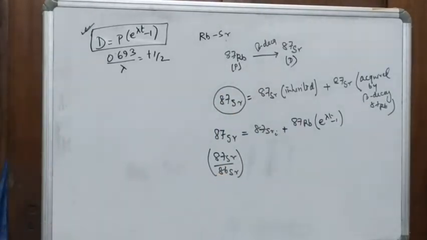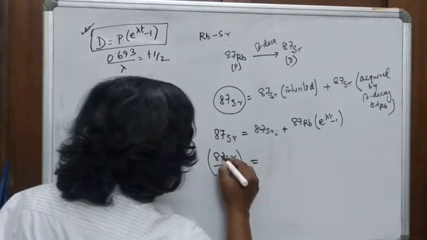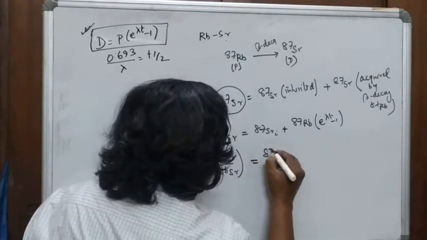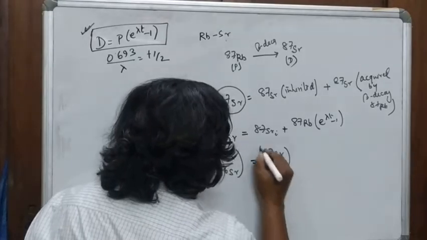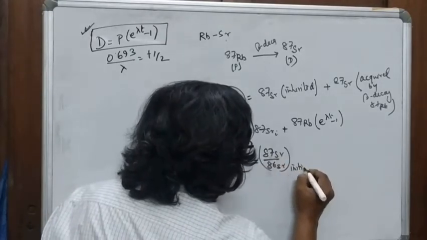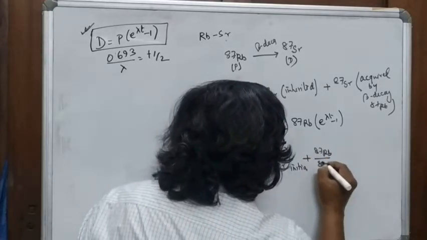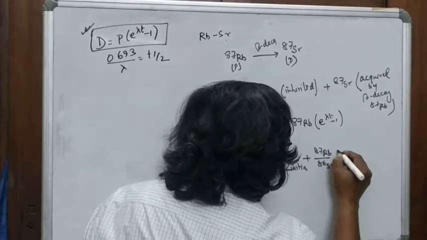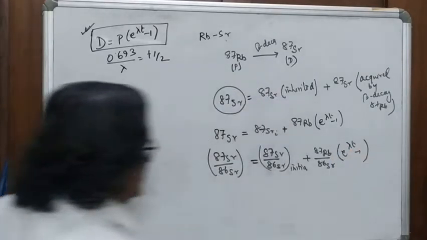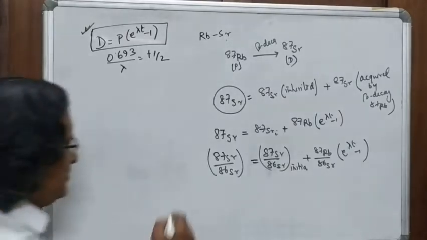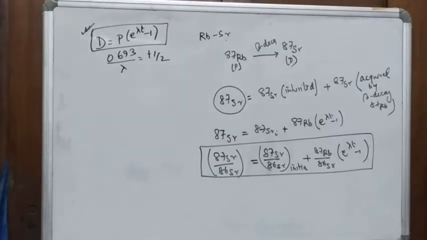So if we divide this whole equation by 86 strontium, you have 87 strontium by 86 strontium initial, plus 87 rubidium by 86 strontium times e to the lambda t minus 1. That is the famous equation. You have seen this equation many times. This is a very important equation.